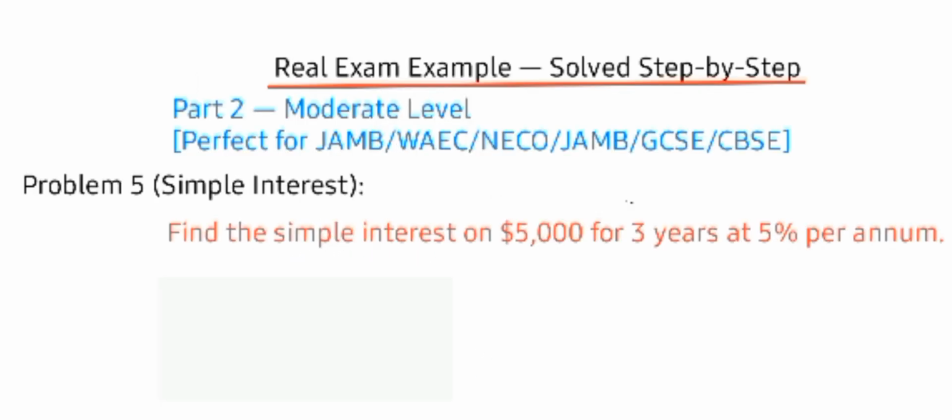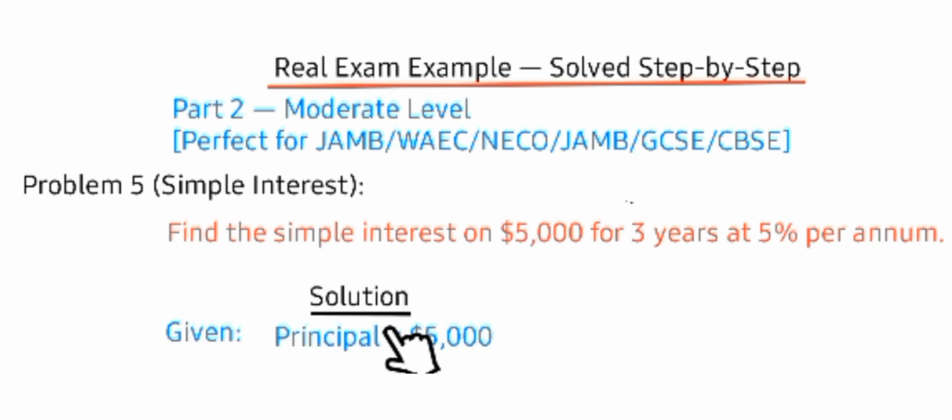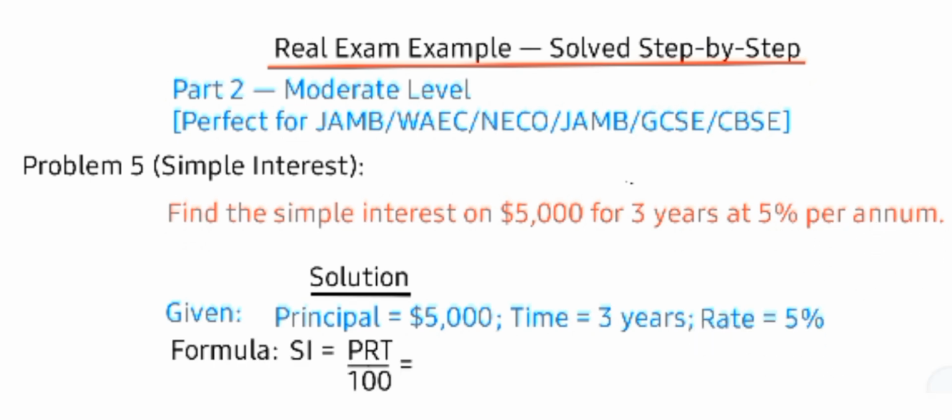Now let's look at this question. Find the simple interest on $5,000, that is the given principal, for 3 years, that is the time, at 5% per annum, that is the rate. The formula for calculating simple interest, SI, is equal to P, being the principal, multiplied by rate, then multiplied by time, divided by 100. The 0 here eliminates the 0 here.